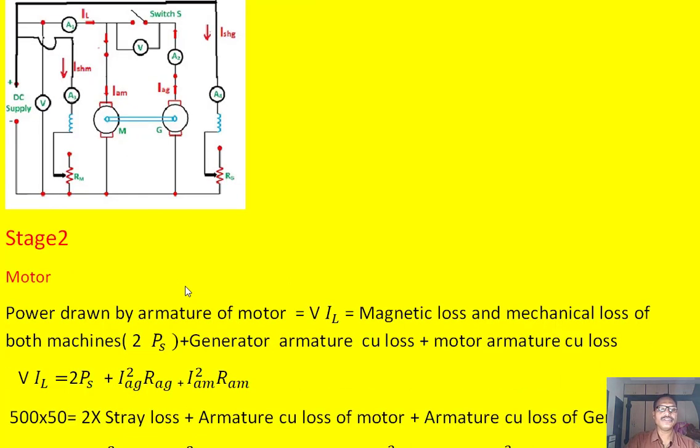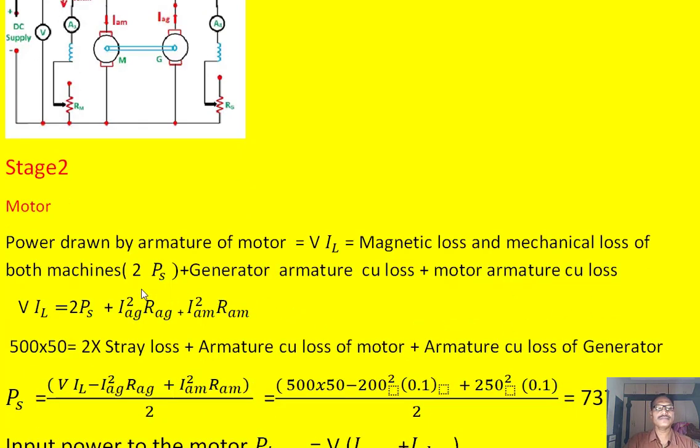So next, stage 2. The power drawn by the armature of the motor: the motor is connected to the supply, the supply voltage is V and the supply current to the armature is IL. So power drawn by the armature of the motor is V into IL, and this power is utilized to overcome the armature copper loss of the generator and the armature copper loss of the motor plus the stray loss. Stray loss is nothing but magnetic loss plus mechanical loss of both the machines.